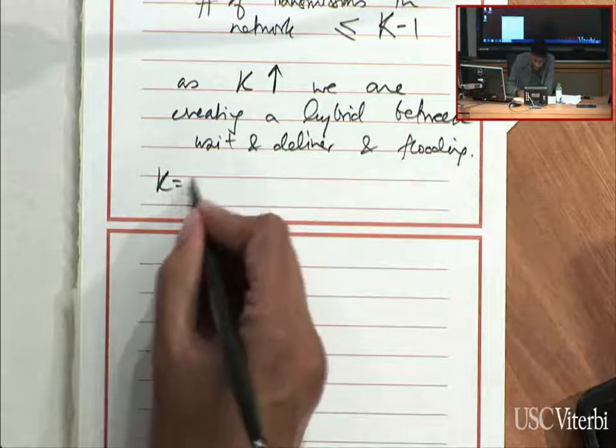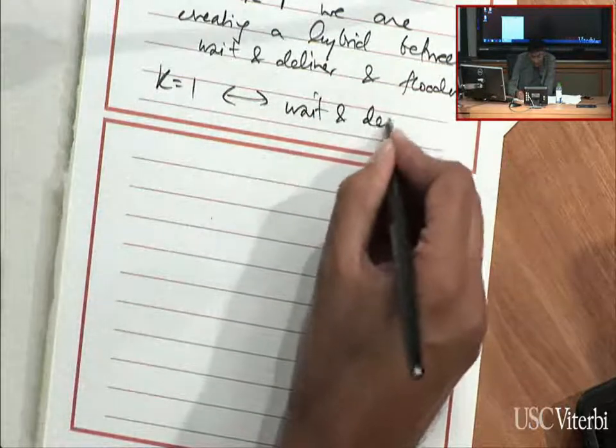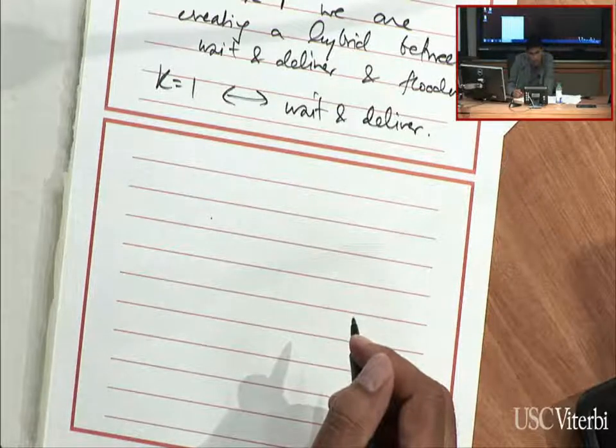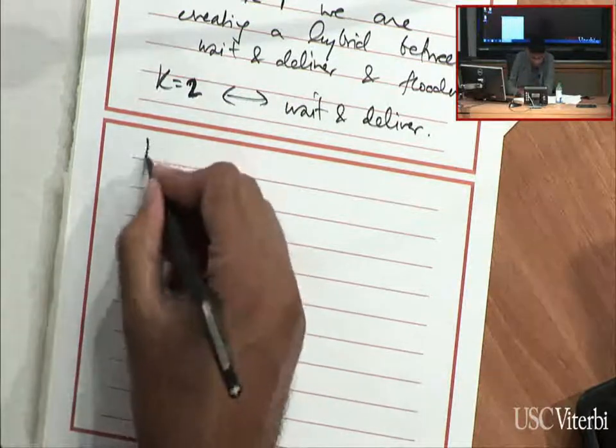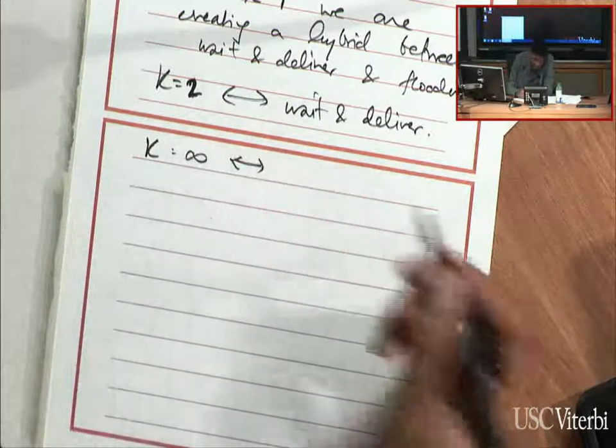In particular, K equals 1 is wait and deliver. True. And K is infinity. In fact, it doesn't have to be as large as infinity.